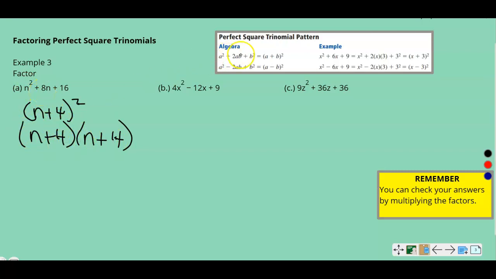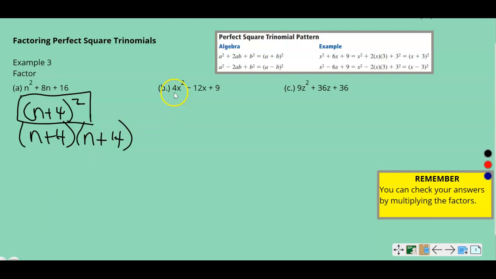That's where that twice ab comes from, because it shows up twice. And then 4 times 4 is 16. So this right here is just a condensed way of writing that. And that comes from knowing the pattern. You can go straight to factored form, which again on timed tests like the ACT is phenomenal. And there's always factoring on the ACT.